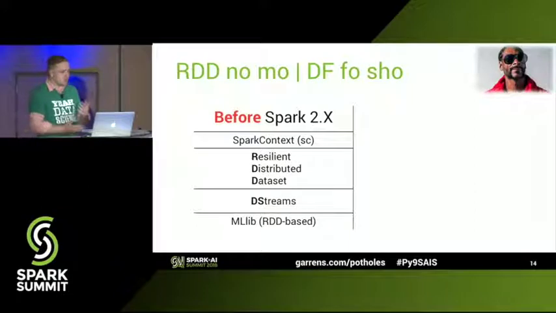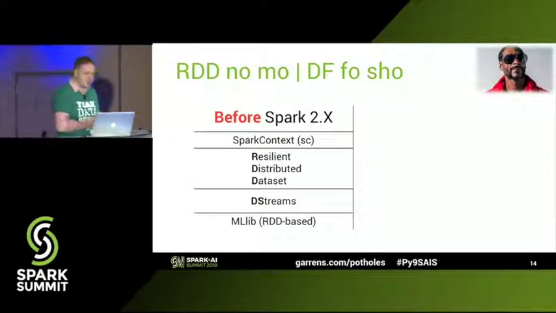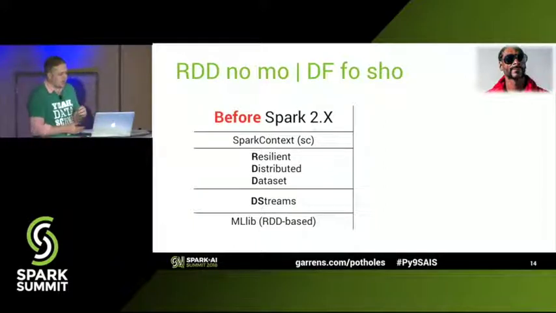Before Spark 2.x, basically 2.0, the main entry point was SparkContext. You had a SparkContext, which was the sc variable. You created resilient distributed datasets, RDDs, and you do something like sc.textFile. You also used DStreams, which are RDD-based, and MLlib.